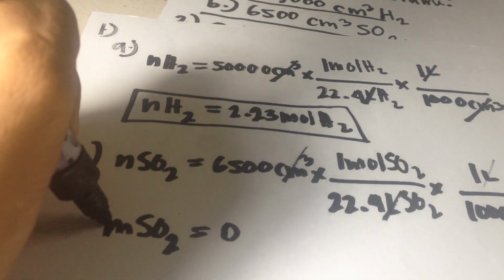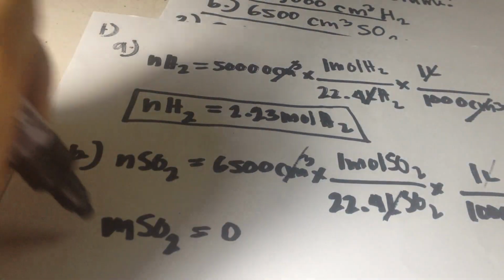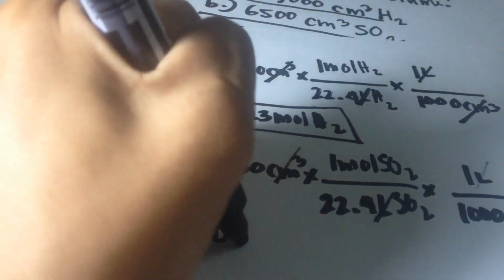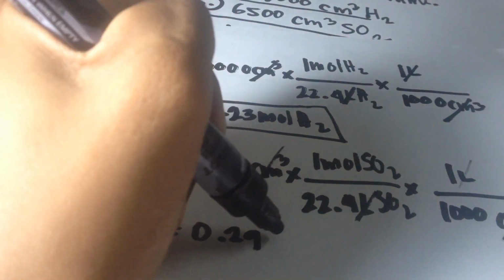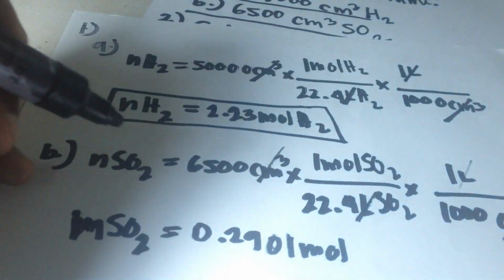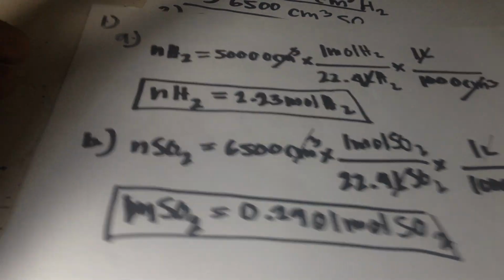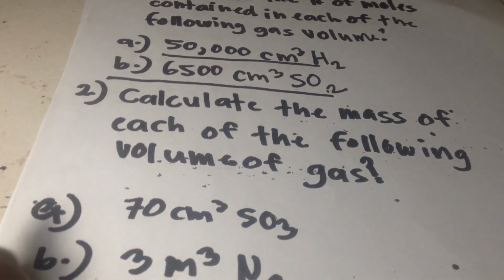This is an N, 0.2901 moles of SO2, sulfur dioxide. Okay, that's it. So how about problem number 2?